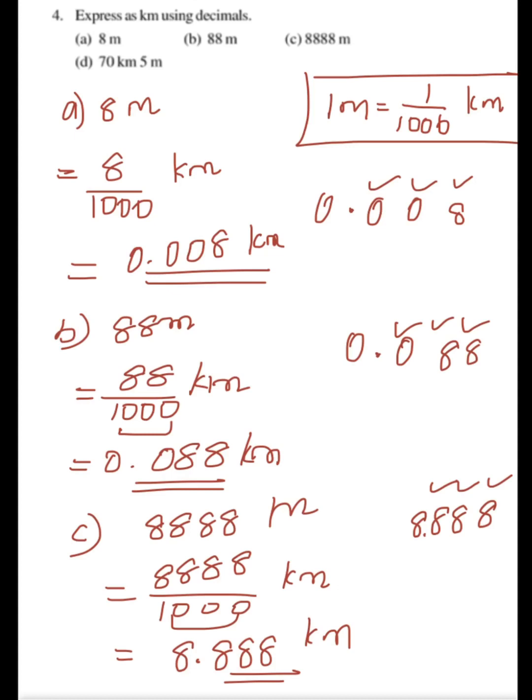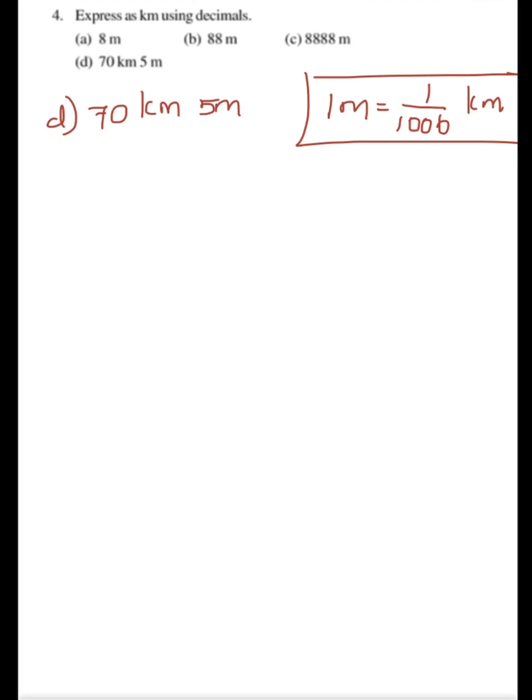Now let's see D. D is 70 kilometer 5 meter. That means you have to express it in kilometer, but 70 kilometer is already in kilometer, so no need of doing it. You need to convert 5 meter to kilometer. So you can write it as 5 by 1000 kilometer.